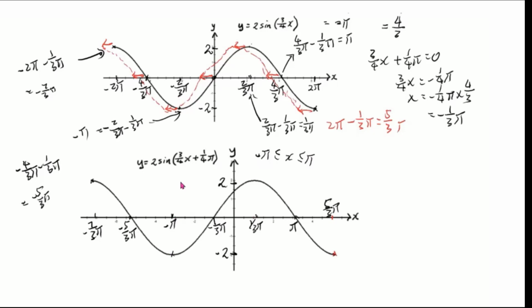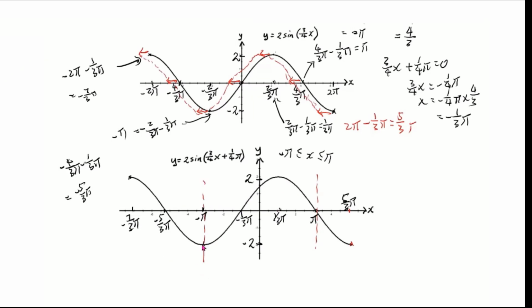Now from the diagram, negative pi is here and positive pi is here. Means for the final answer, we only need to show the part of the graph which is in between negative pi up to positive pi. Then the rest of the graph we just ignore.